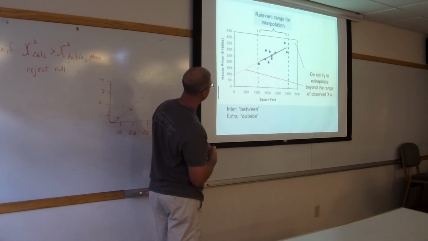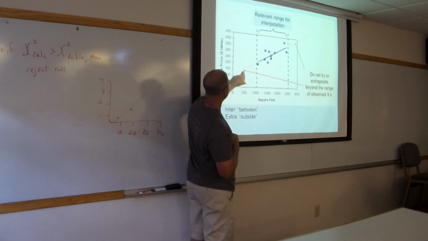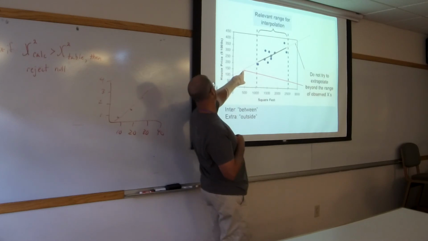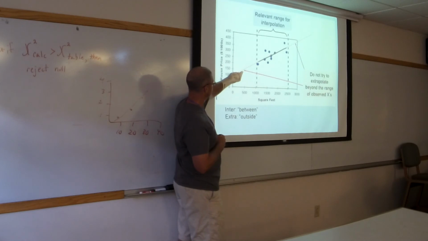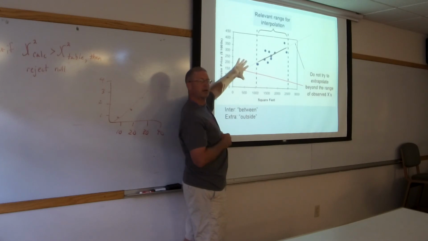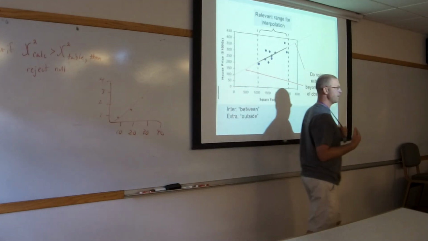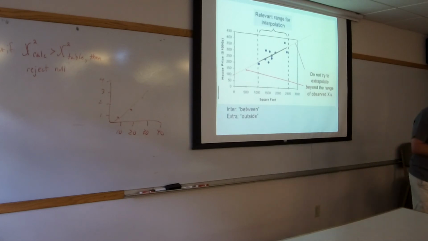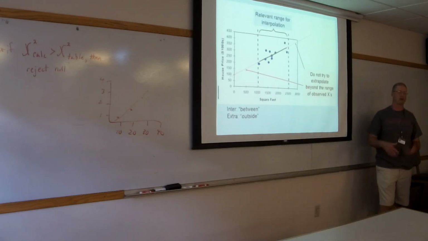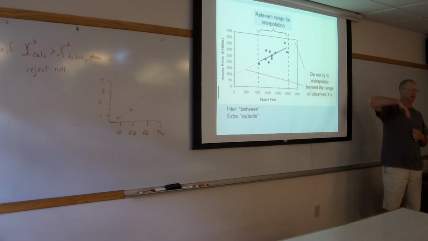Like right here, if you have a 500 square foot house, using this trend line, it would say it costs $130,000. And if you come down here and say, well, I have a 200 square foot house, it costs $120,000. Well, I don't have any data here. I'm using my line, trusting that it stretches outside of the data. So extrapolation is always dangerous. When people say extrapolation and they're talking about data, I would avoid using that word. I wouldn't say I extrapolated from the data, because then you're making conclusions beyond where you collected.